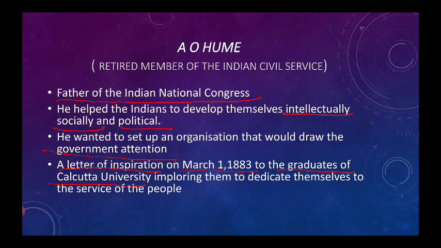They do not think before they act, and because of that there were so many ruthless riots in India because of the impulsiveness of the youth. But at the same time, he requested them to be united. And that's why so many universities were taken under the Britishers, because they understood that is the place where all nationalism pours out. So he requested the graduates of Calcutta University to dedicate themselves to the service of the people.